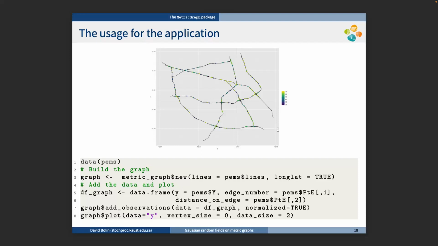And then every road is stored as a line, as a curve in R. So what is important is basically the connectivity, which road segments are connected to each other, and also the length of each road segment. Thank you.